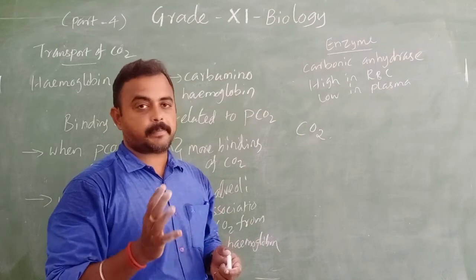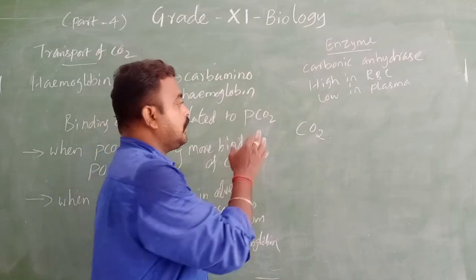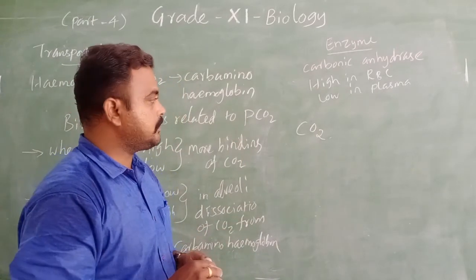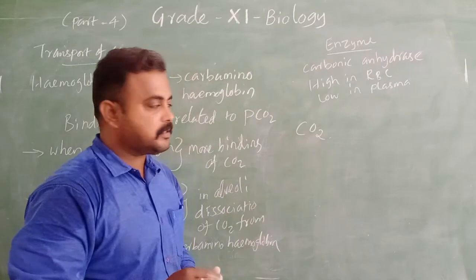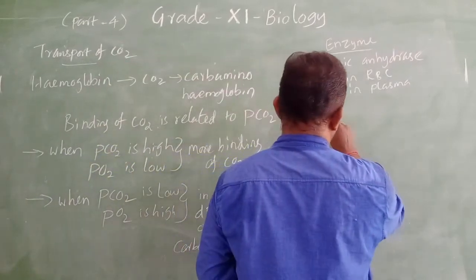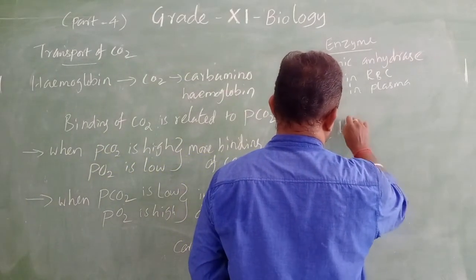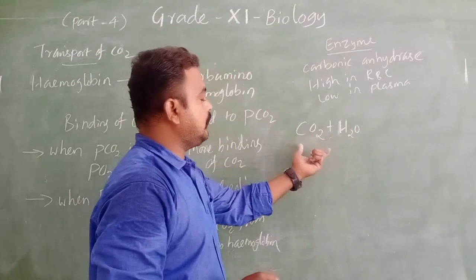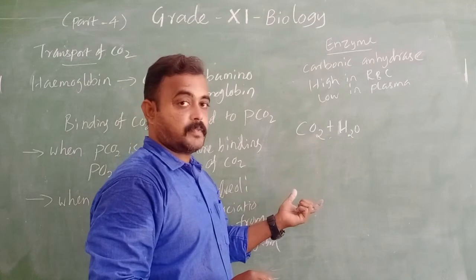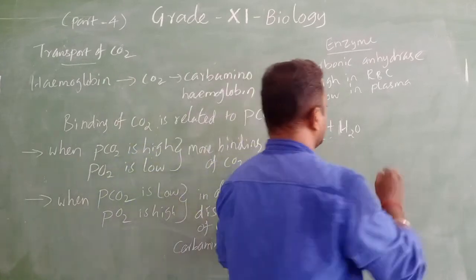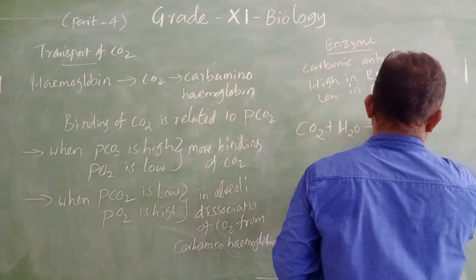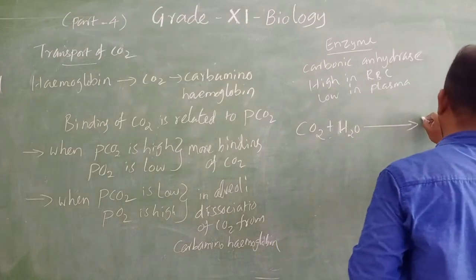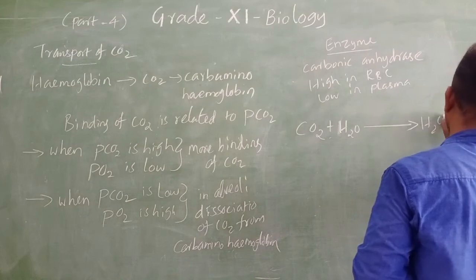That is respiration. At the end of respiration, that means the end of the catabolic process, carbon dioxide and water are released. So the water and carbon dioxide are changed into carbonic acid, H2CO3.